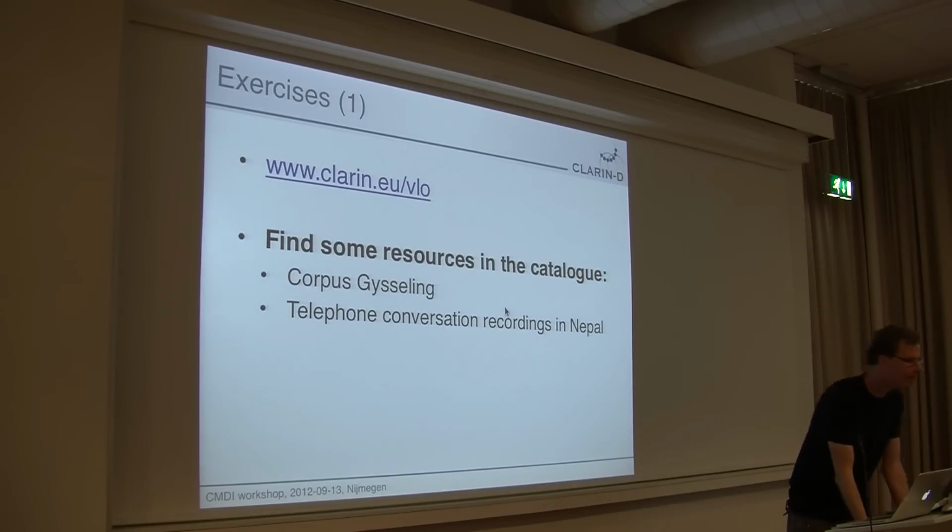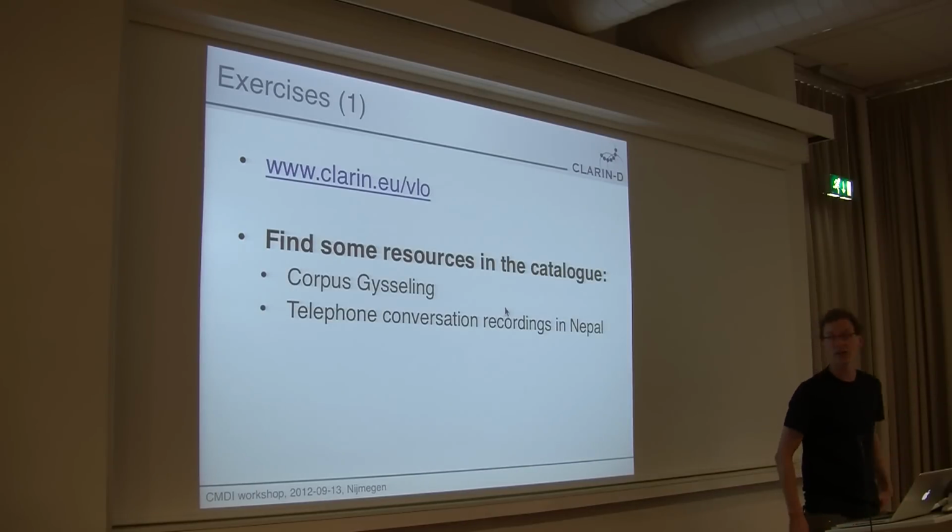In the meantime, can you tell us how much data there is now available in the VLO? There is at this point around 500,000 metadata records. I don't know how much data that is in terms of the real data that is annotated there, but it's 500,000 metadata records.